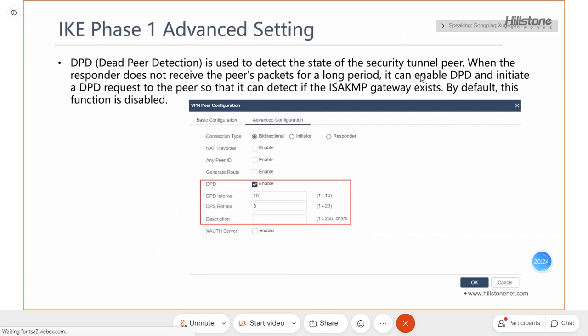When the responder does not receive any peer packets for a long period, we can enable DPD and initiate the DPD request to a peer to detect if the gateway is still valid. By default, this function is disabled. We highly recommend that customers enable this function to detect the status of the secure tunnel.